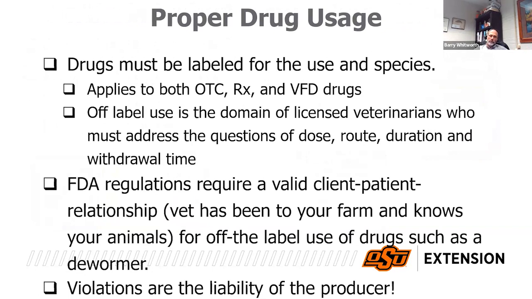If we choose to use it in what we refer to as an extra-label drug use, that veterinarians technically are the only ones that are able to do that. And they really are supposed to fulfill a certain set of requirements before they do that. And above all, they're supposed to set a withdrawal time on that product, because it's not going to be what's on the label anymore when you start changing dosages and how often you use it.